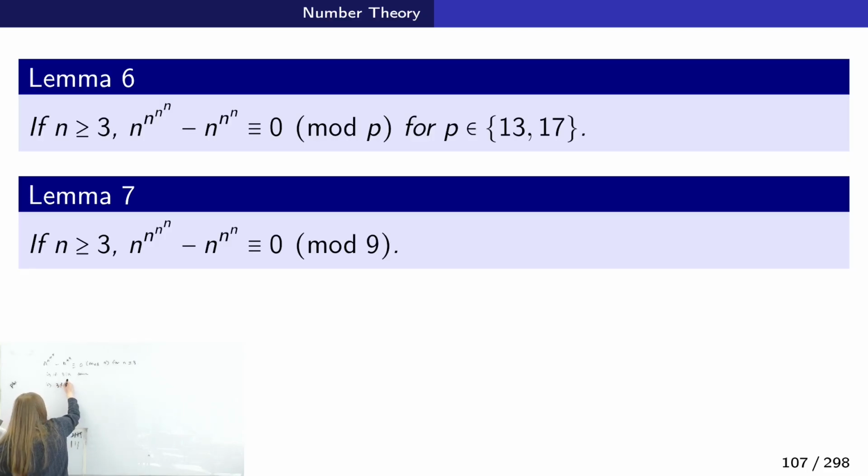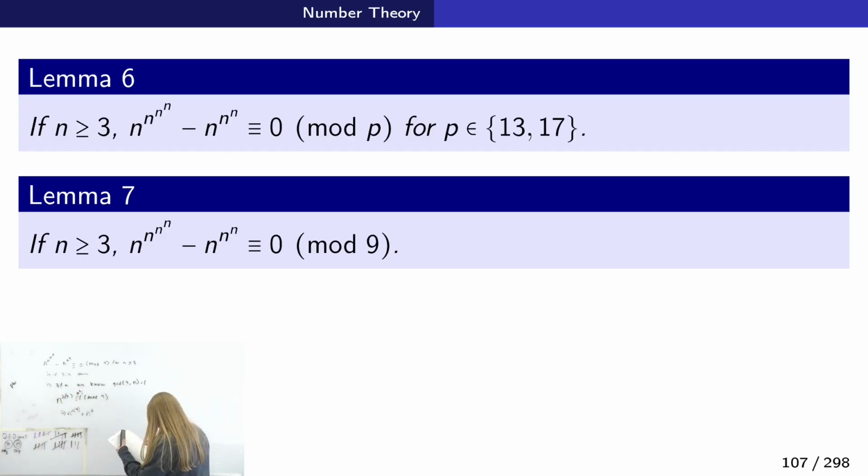But if 3 does not divide n, we know that the GCD of 9 and n is going to be 1. So then n to the lambda of 9 is congruent to 1 mod 9. Note that lambda of 9 is 6, so we could fit this in somewhere into the 6.